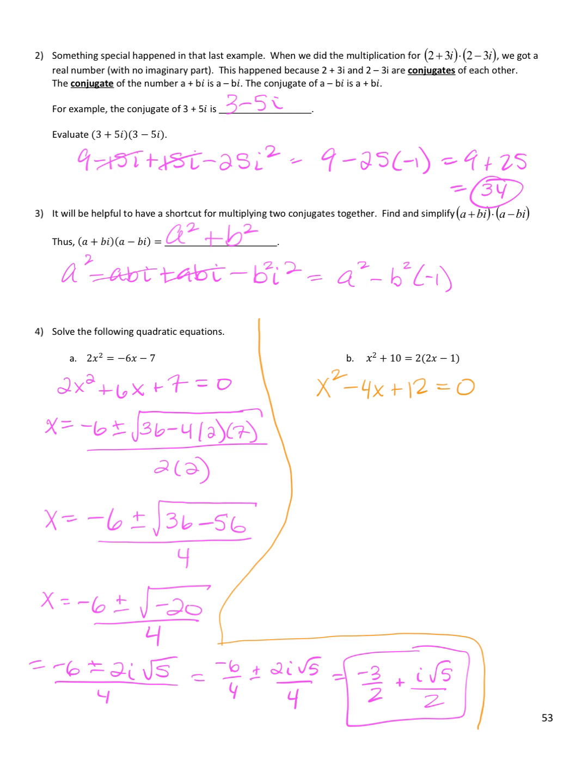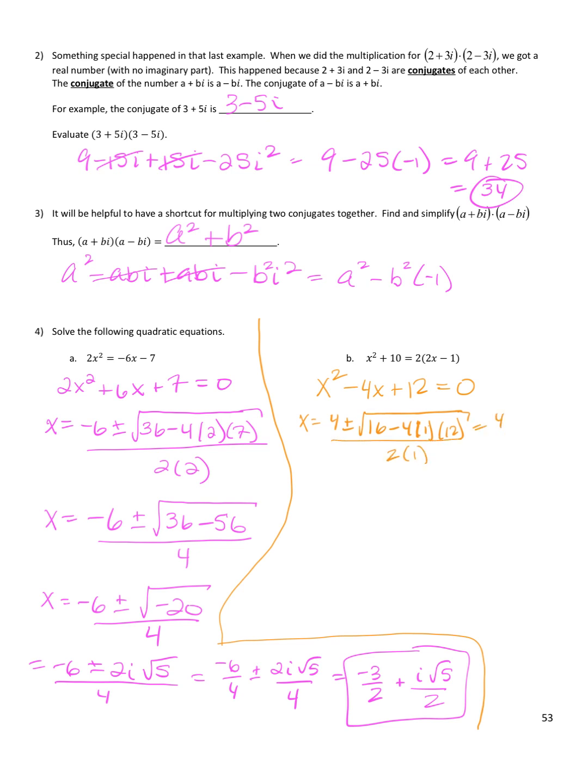Try to factor it. It won't work. There are no two numbers that can multiply to positive 12, but add to negative 4. So we use the quadratic formula. So I have x is negative b plus or minus the square root of b squared minus 4 times a times c all over 2a.